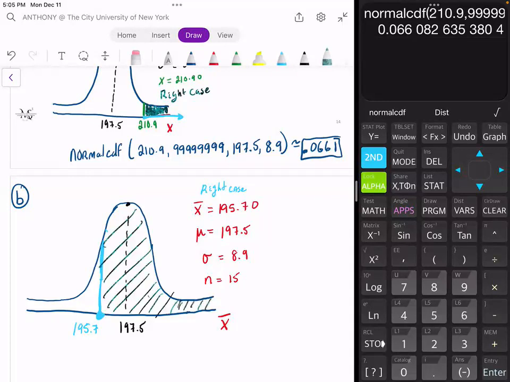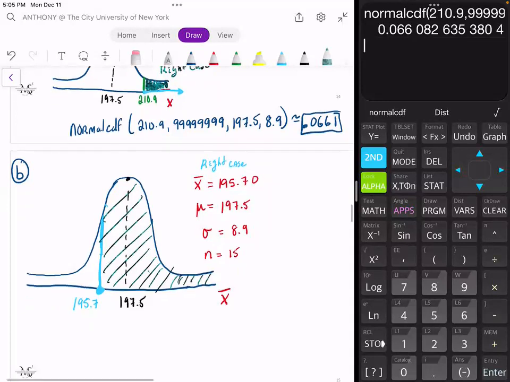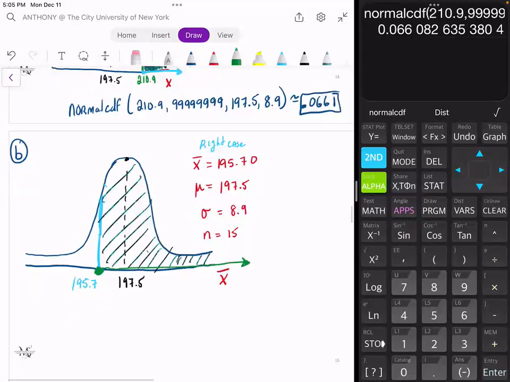And now I do the NormalCdf command. So just looking at our image, if this is my starting point, I'm ending all the way to infinity because I have a right case. So we do normal CDF of 195.7, comma, all of these repeating nines. So there should be about 8 of them. 8 of them will do.